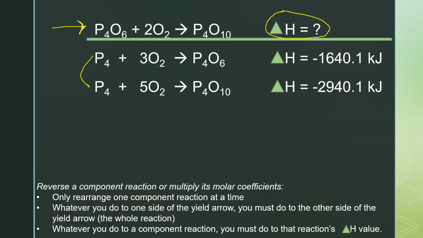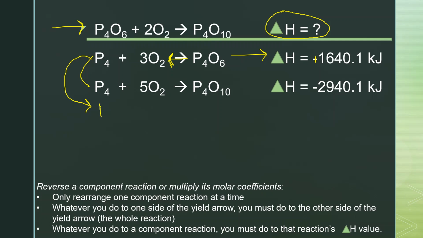What we do first is reverse one of these component reactions. So I'm going to reverse this top one. And if you reverse a component reaction, remember you have to reverse the sign of the enthalpy of that component reaction. So we're going to change this to a positive 1640.1. So let's rewrite this down here underneath in its reversed form.